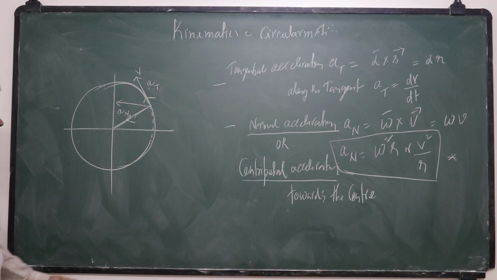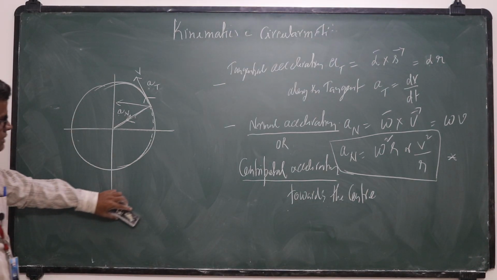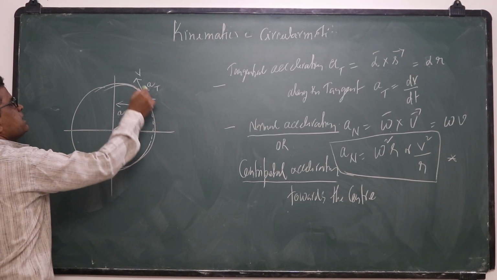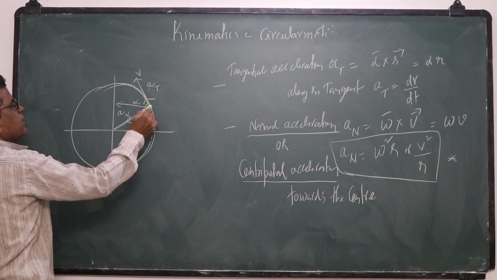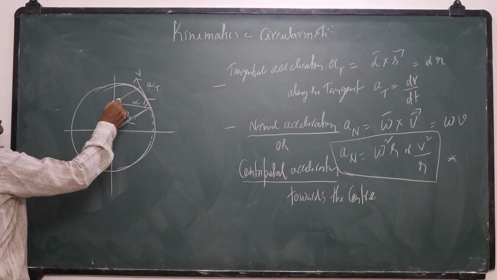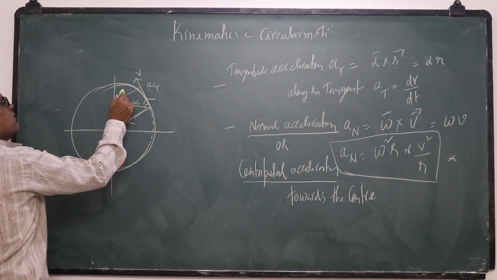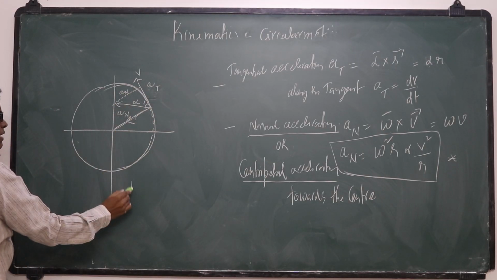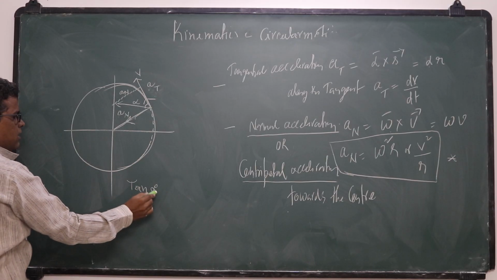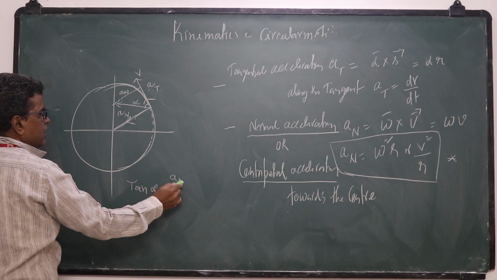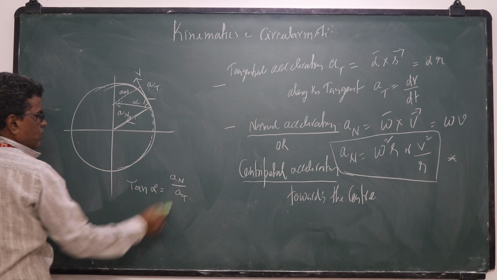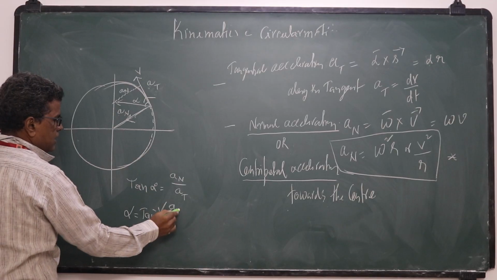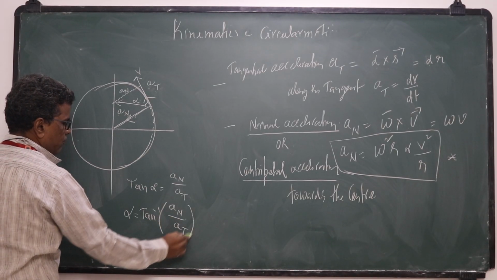Suppose the body has this resultant acceleration. I want the direction of this acceleration, which makes an angle alpha with AT. So tan alpha is equal to AN by AT, so alpha is tan inverse of AN by AT.